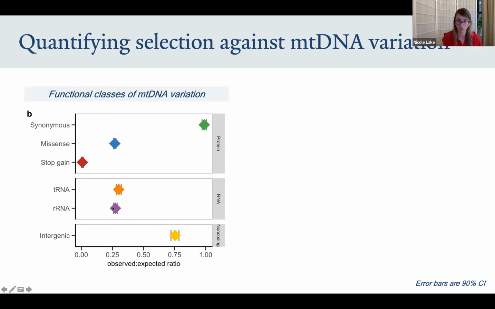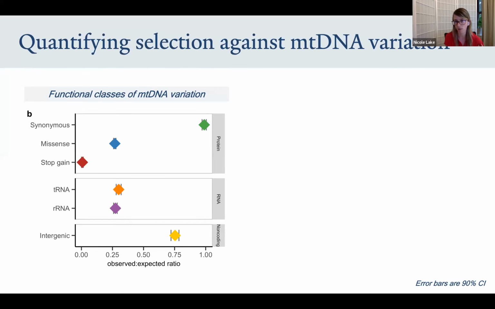But this suggests, as well as some other analyses, that we're likely missing pathogenic variants in these genes. We also see partial depletion of intergenic or non-coding variation. And again, in the interest of time, I won't go into this, but I will say that we believe that this is driven by selection against variants in annotated non-coding elements, which have a role in transcription or replication of the mitochondrial genome.